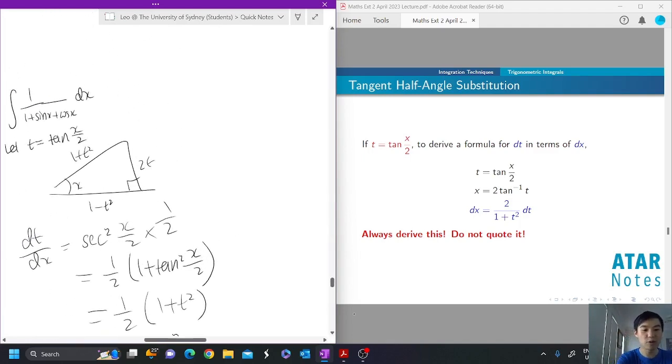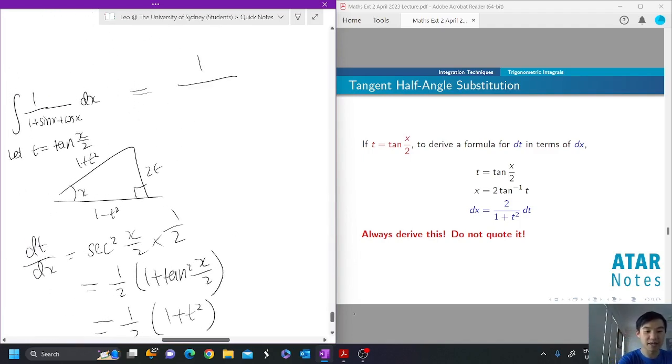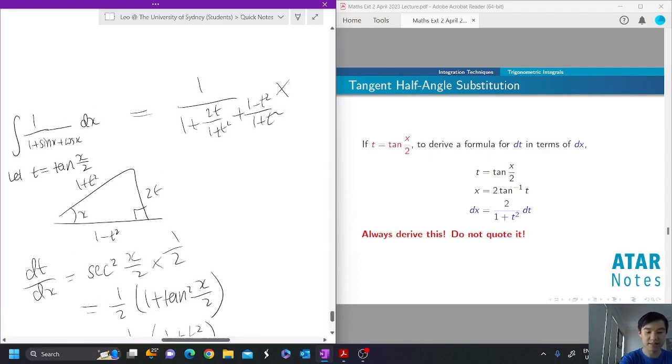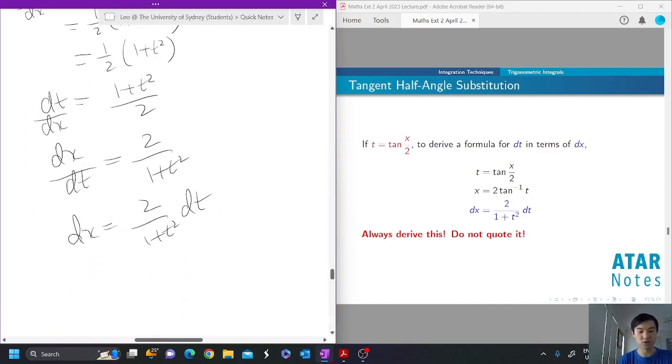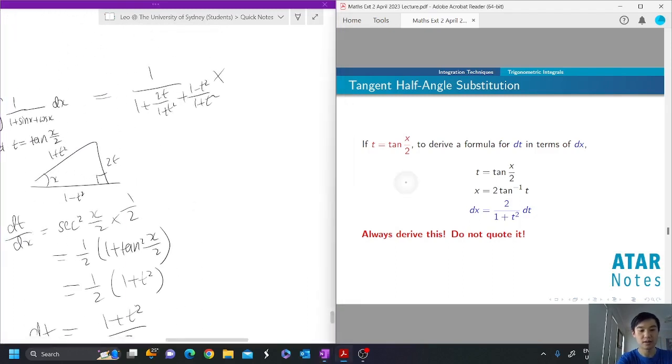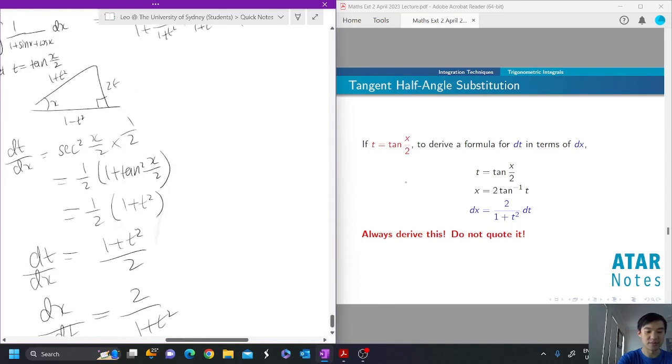And now when I want to integrate this, I can simply change this all in terms of t. So 1 plus 2t over 1 minus t squared, using the t formula, plus 1 minus t squared over 1 plus t squared. And the dx is going to be 2 over 1 plus t squared dt.